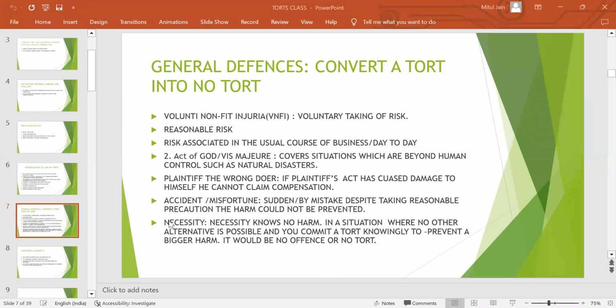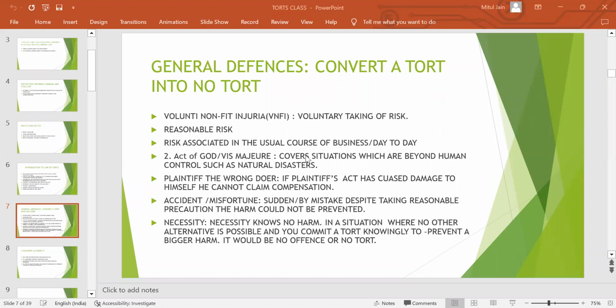Because the defense of act of God would be directly available, as you have suffered certain injuries as a result of a natural disaster, the earthquake.